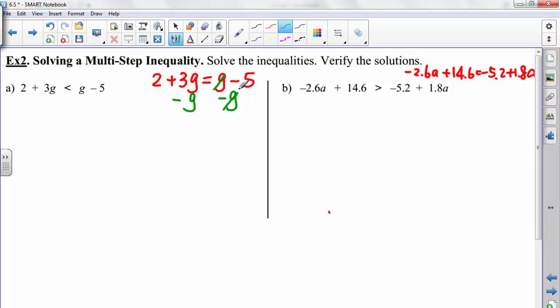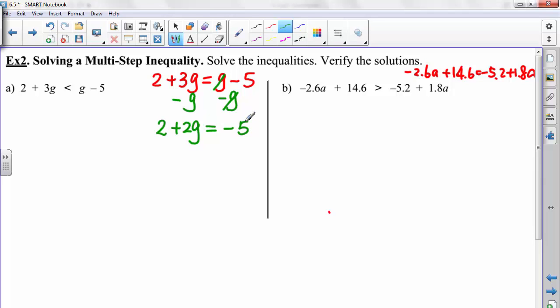G minus g on the right side, they got cancelled out. Then I combine the like terms in the left side. Positive 3g minus g, that's positive 2g. I still have a constant in front. Duplicate this constant, equals negative 5.